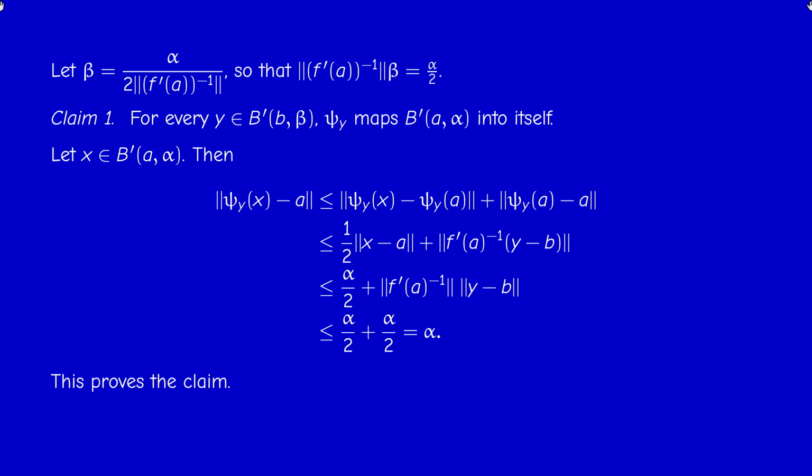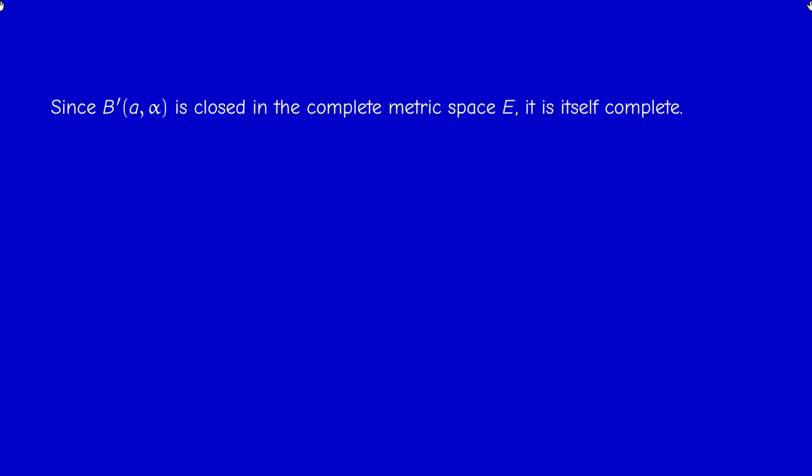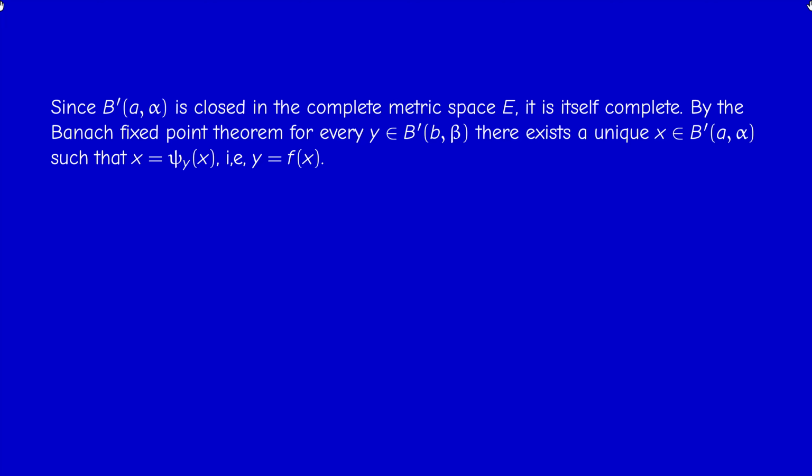So now I have all the ingredients to apply the Banach fixed point theorem. I have a contraction from a closed set in a complete space, which is complete. And therefore, for every y, we have a fixed point of psi y. Okay? So for every y in this ball, in the neighborhood of B, there exists a unique x in the closed ball of center A and radius alpha that solves the fixed point problem and therefore solves the equation.